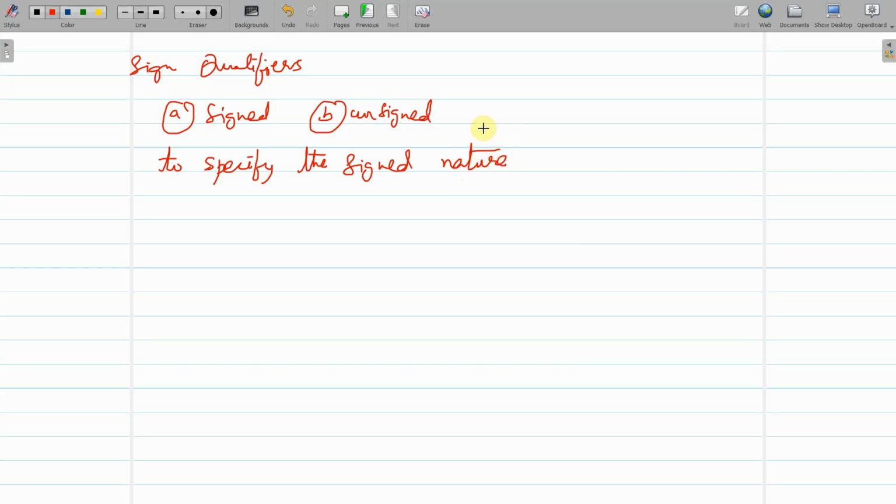This is the point number 1 to be understood. Point number 2 is these type of qualifiers are applied on integers or characters.